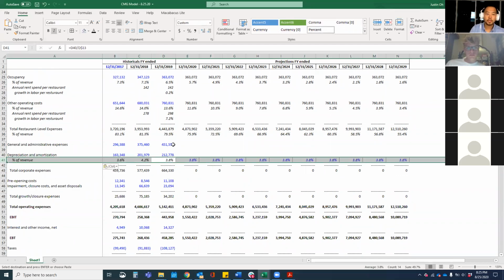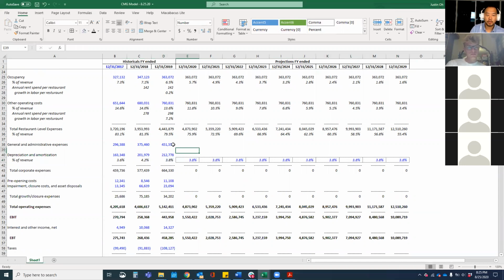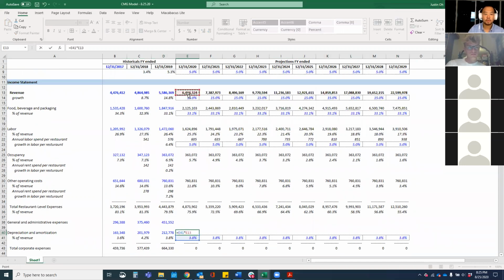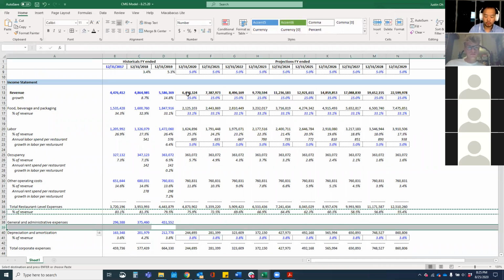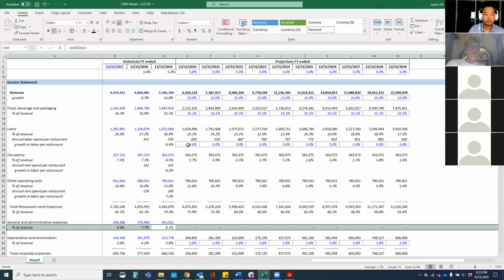The depreciation and amortization as a percentage of revenues, just keep it at 3.8 for now. G&A, have it grow as a growth rate.